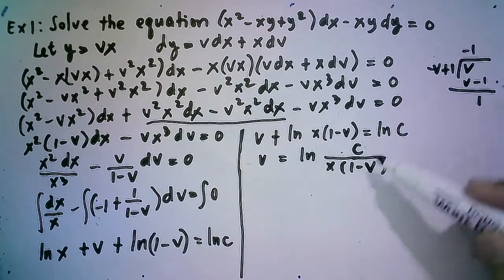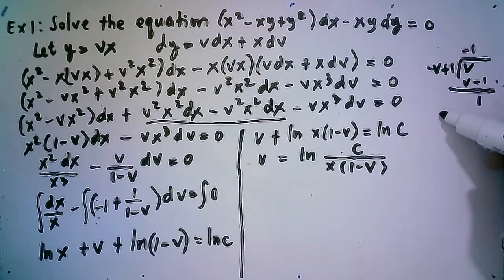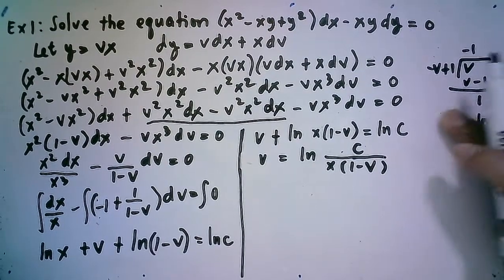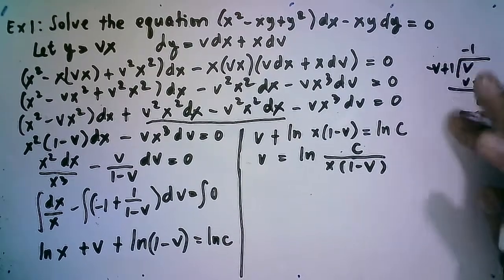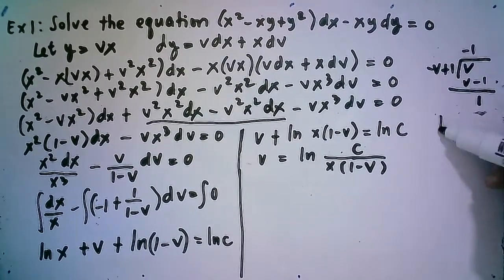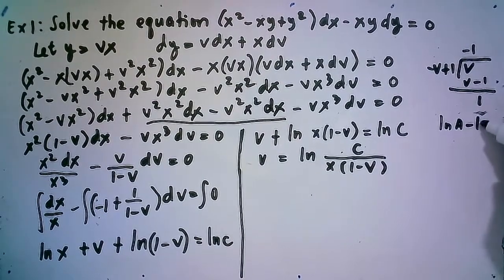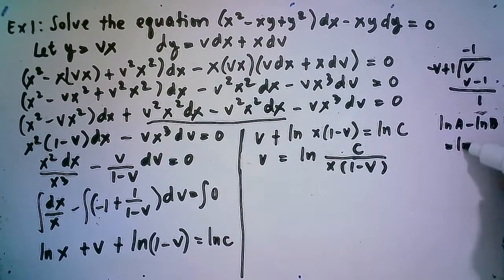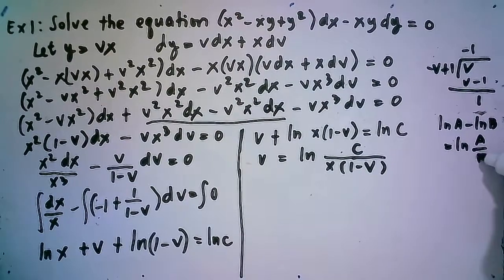For this case, we have here ln of c minus ln of this group. I will draw a line here. Let's have this one. Ln of a minus ln of b is equivalent to ln of a over b.